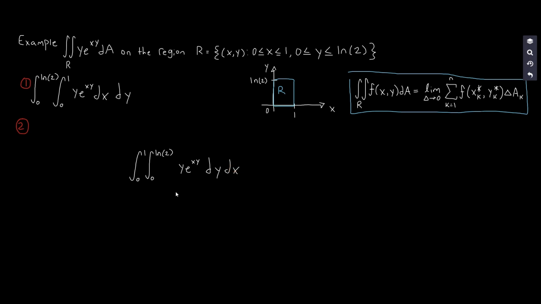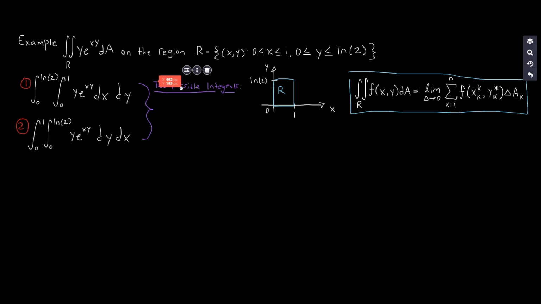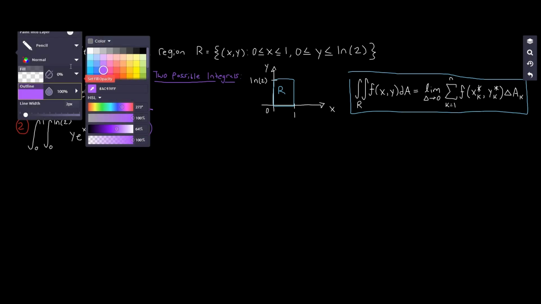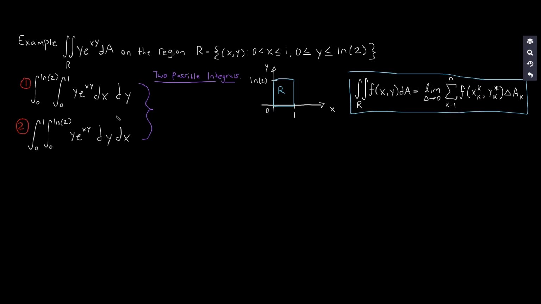I guess I'm flipping dx dy in this context, but this is my second option. So I have two options for how I want to do this. We have two possible integrals. One of them requires integration by parts, and one of them requires u substitution. I'm going to go the u substitution route, but you could solve this with integration by parts as well.